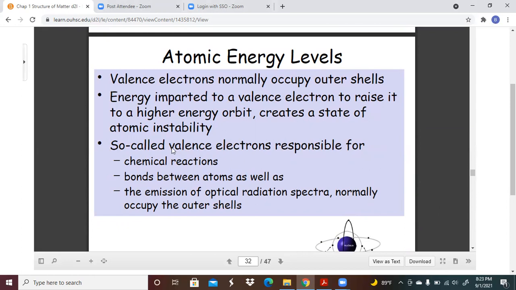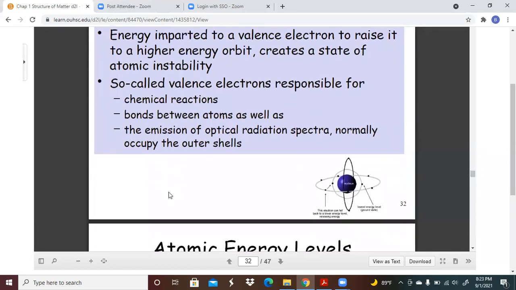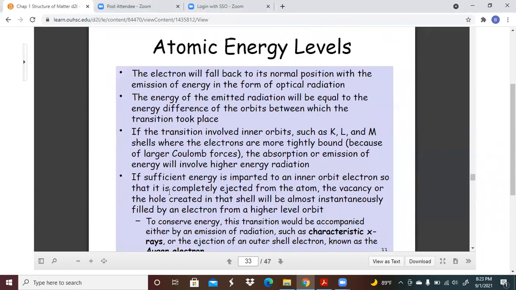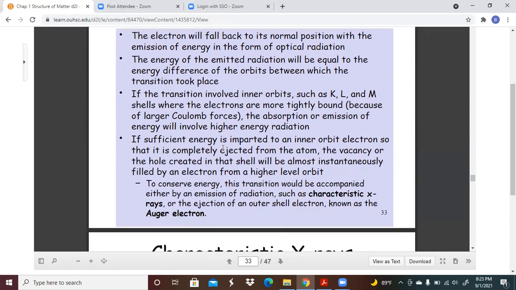So-called valence electrons are responsible for chemical reactions, bonds between atoms, and the emission of optical radiation spectra. The electron will fall back into its normal position with the emission of energy in the form of optical radiation.